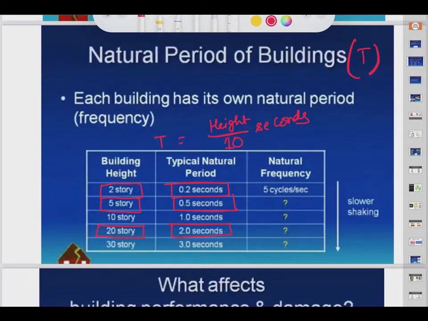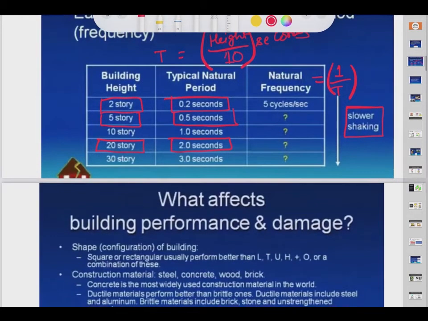So time period is 1 by 10 of the height, where height is the number of stories, and this value in seconds becomes the time period, and natural frequency can be calculated as 1 by time period. Simple. Okay, so the higher the time period, the slower the shaking, or the lesser the frequency will become.